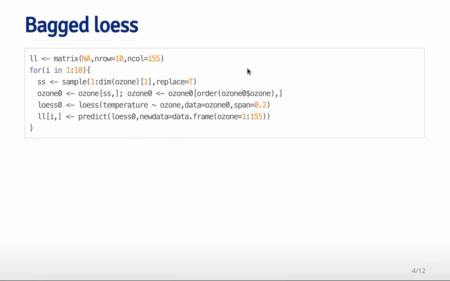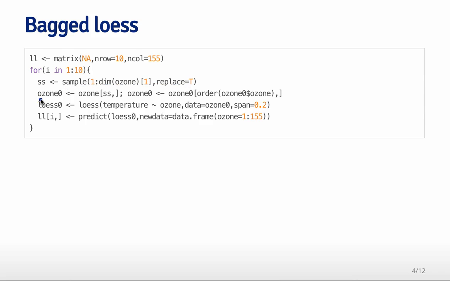So the first thing that we could do is just show you an example of how this works. I'm going to create a matrix here, and it's going to have 10 rows and 155 columns. Then I'm going to resample the data set 10 different times, so I'm going to loop over 10 different samples of the data set. Each time I'm going to sample with replacement from the entire data set.